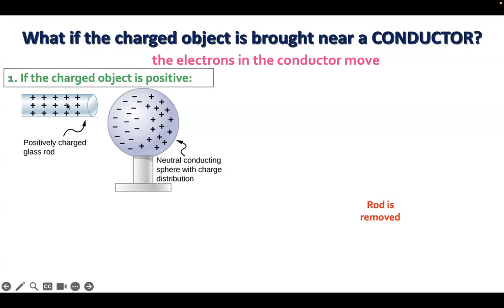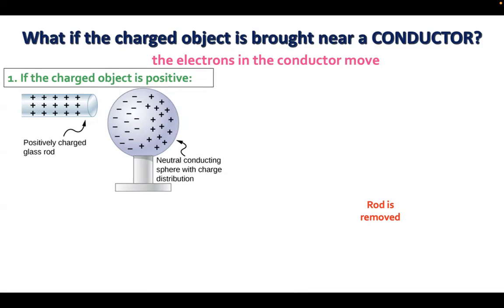The positive charge would attract the electrons. And what is left in place? The positive charges. So we can say that, just like the water example, we will have one side of the sphere as negatively charged, and the other side of the sphere will be positively charged.